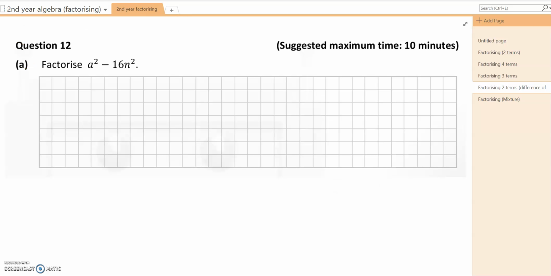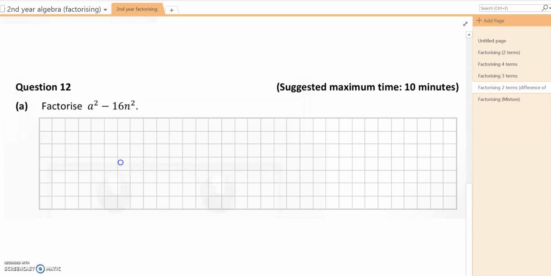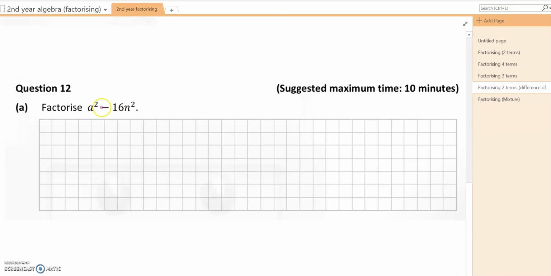Okay, hopefully you gave that question a go. Let's try and answer it. So step 1, we try the take out what's common method. That's not going to work. There's nothing in common. So we jump straight on to finding the roots of each of these terms. What's the root of a squared? Well, remember, there is a 1 here.